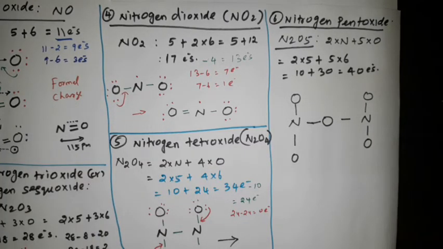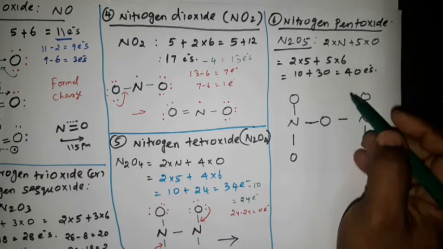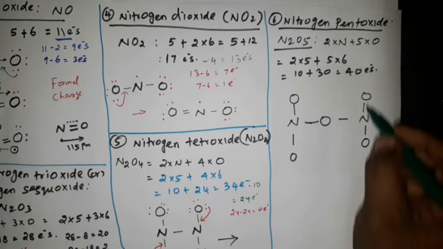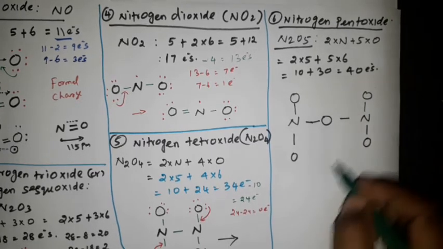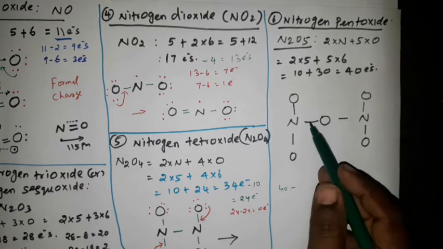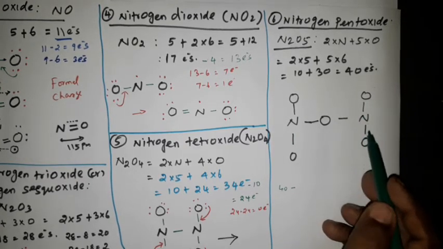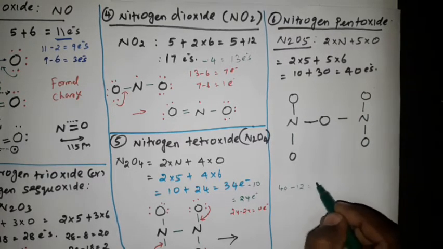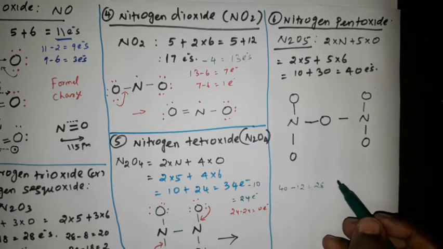Now you check the remaining valence electrons. Now out of this 40 electrons, 40 minus 1, 2, 3, 4, 5, 6 bonds, 12 electrons. So 28 electrons remaining. Okay.